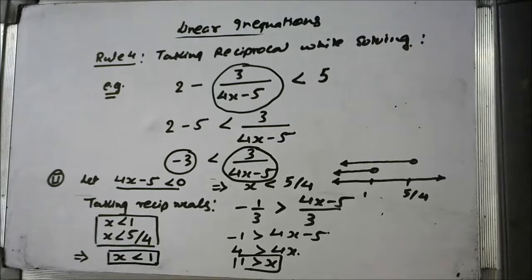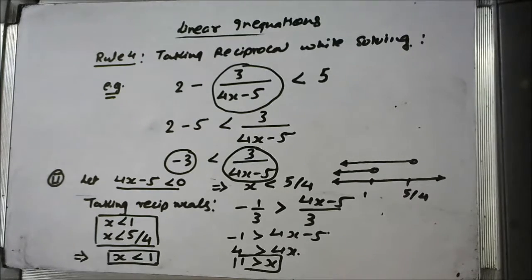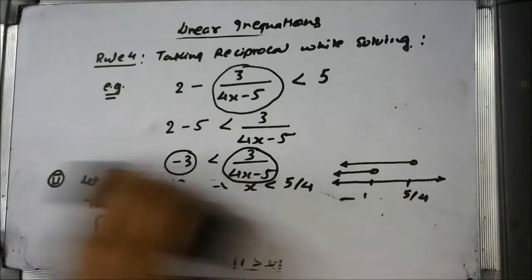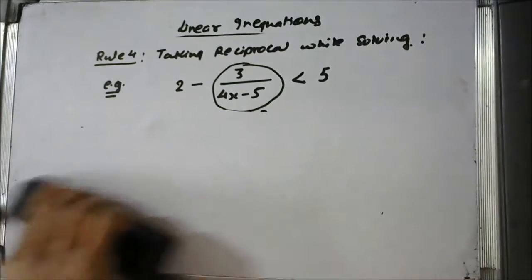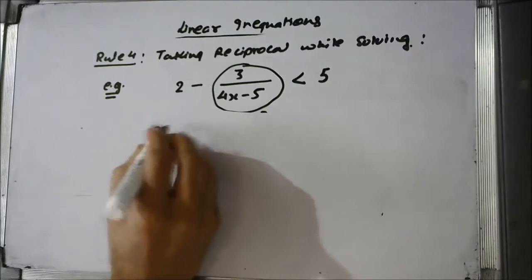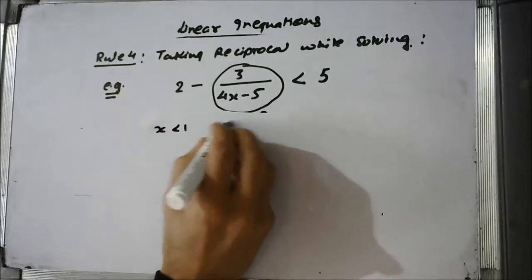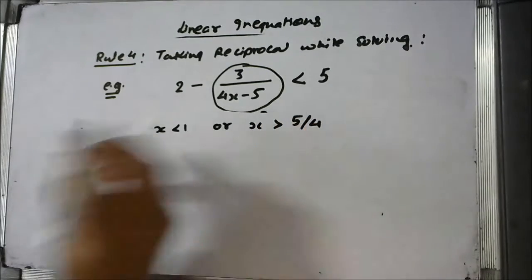Now these two cases are either or cases, either first case solution or second case solution. Both of them satisfy the given inequality. So our final answer for this inequality will be x is less than 1 or x is greater than 5 by 4.